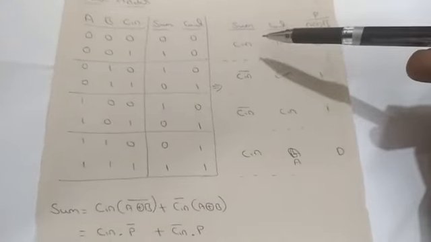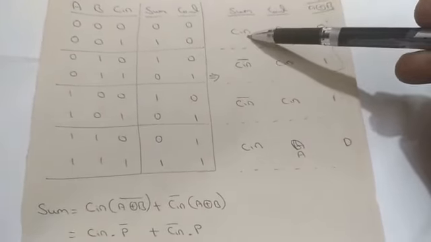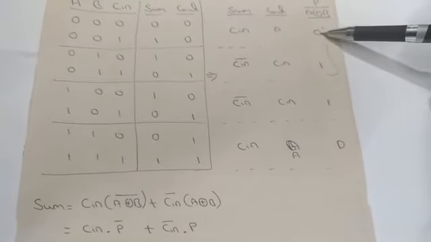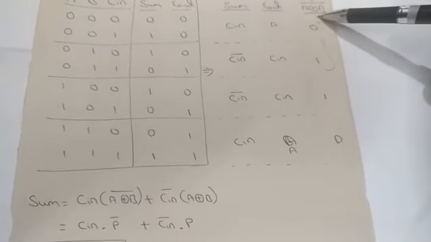Next, how will we write the expression for Sum? For Sum it is Cin when the XOR is 0, so I will write A XOR B whole bar.